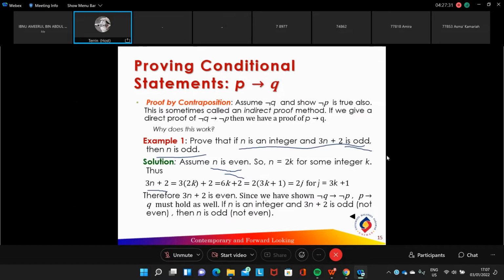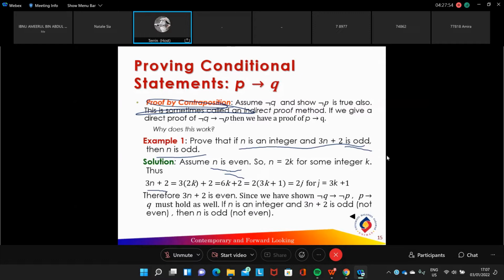When do we use this indirect proof? In a lot of cases, the question itself will request you to use it, right? Just look at the books: normally when they give the exercises, they always say use indirect proof, or commonly they'll say use proof by contraposition or proof by contrapositive, right?